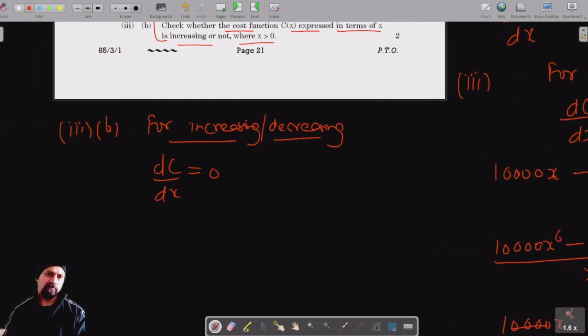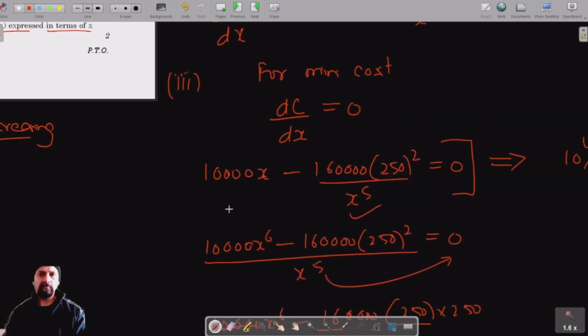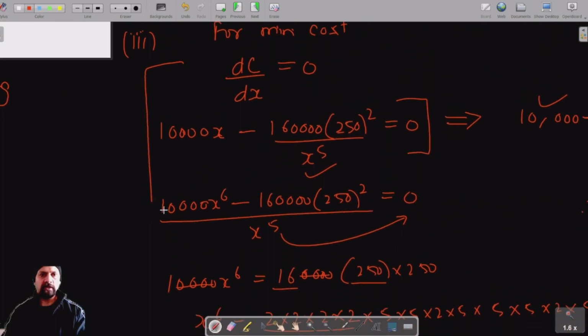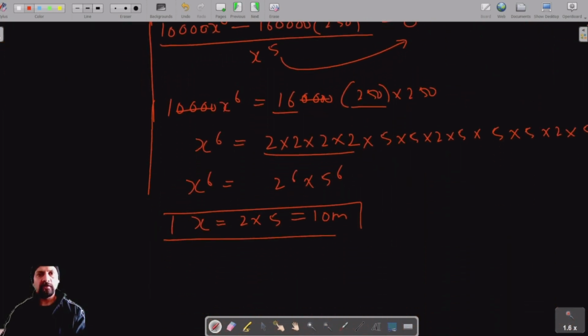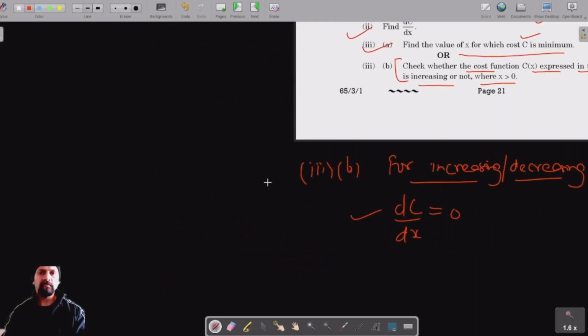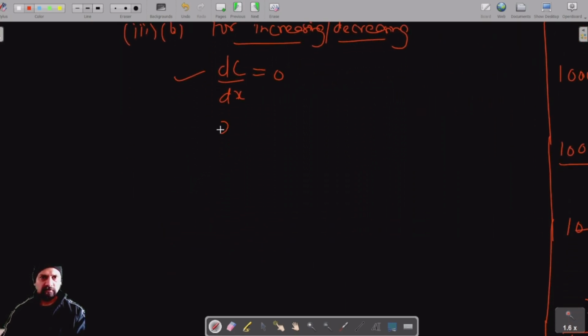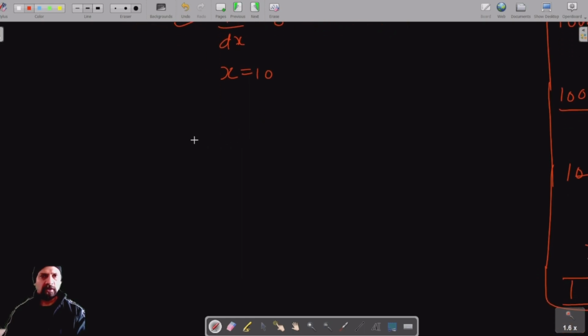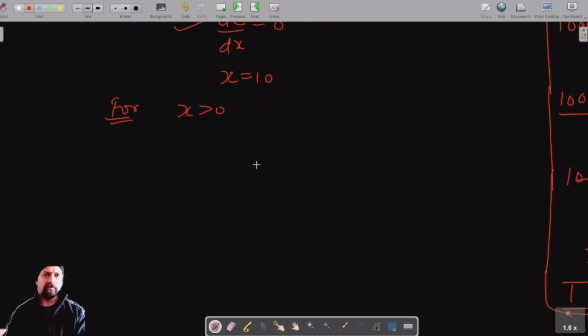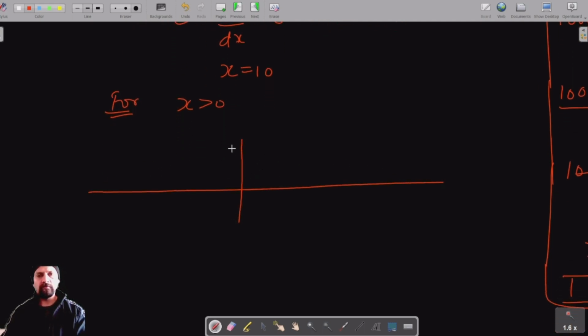dc by dx is equal to 0. If we put dc by dx equal to 0, we have already got the result here, which gives us x is equal to 10. And it's given in the question that we have to check for x greater than 0. So this is 0 and this is 10.